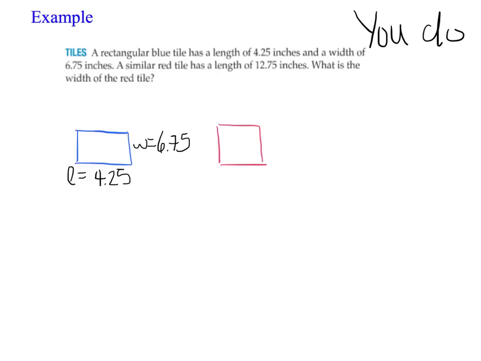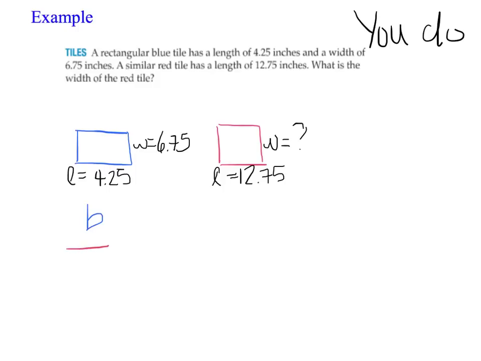All right, and over here on the red tile, they have a length of 12.75, and we're trying to find the width. Okay, so we're going to set up a proportion knowing that our length on the blue is 4.25 and our width on the blue is 6.75, and our length of the red is 12.75, and we're trying to find that width. So let's compare blue to red.